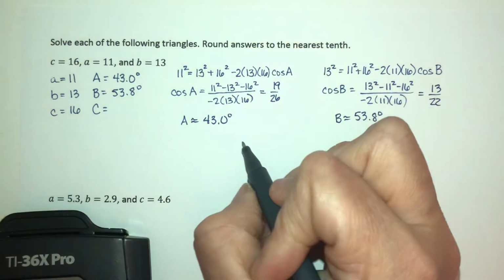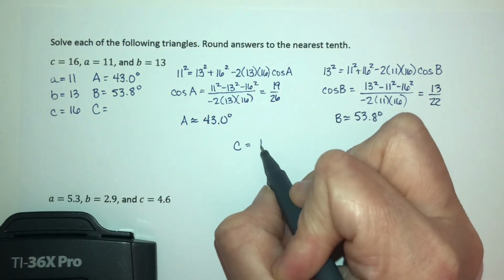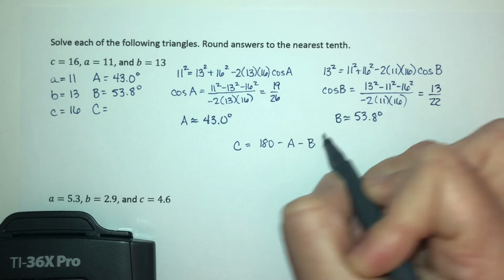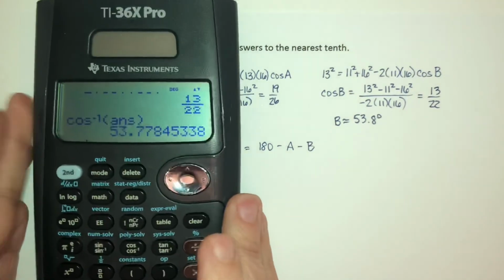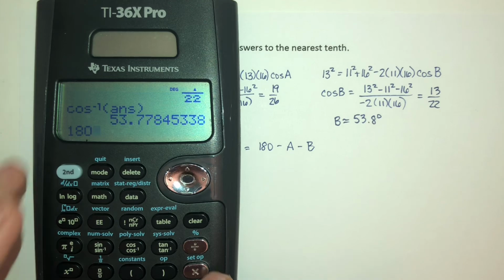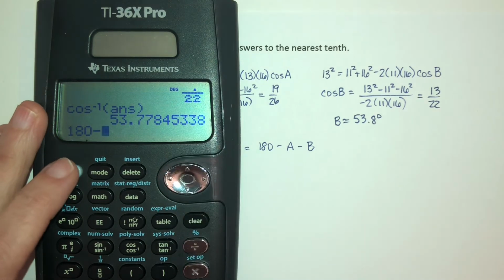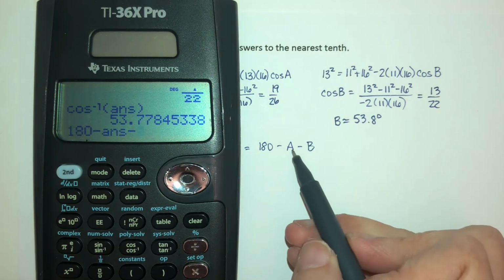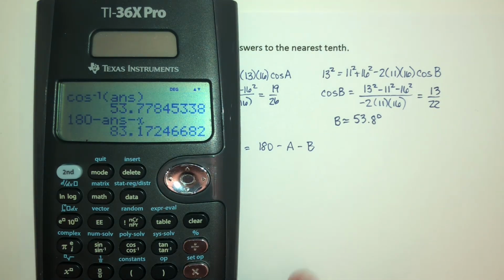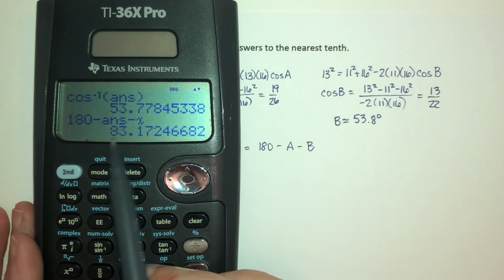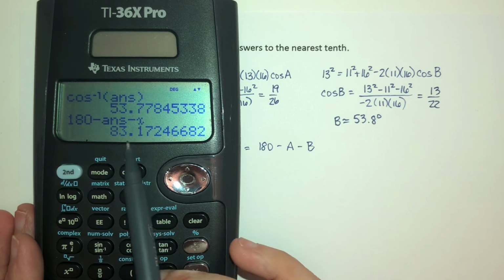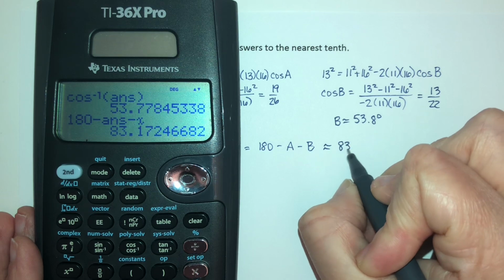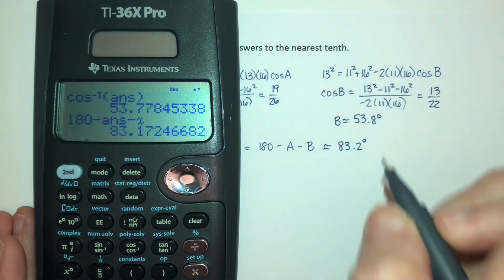Okay, and then to find angle C, I'm going to do 180 minus angle A minus angle B. Okay, so 180 minus this answer, which was exact, minus what I put angle A in memory. So angle C is approximately this, which we need to round to the nearest tenth. So that is approximately 83.2 degrees.